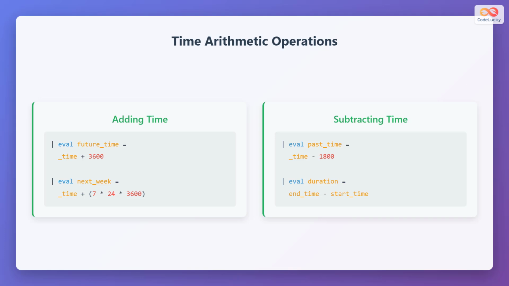For longer periods, eval next_week = _time + 7*24*3600 adds exactly 1 week. Subtraction works similarly. Eval past_time = _time - 1800 subtracts 30 minutes. Duration calculations use eval duration = end_time - start_time to find time differences between events.